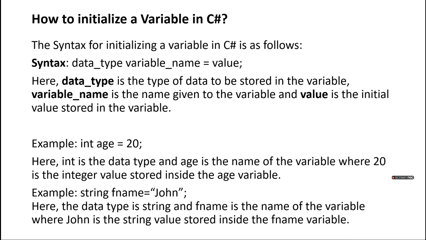Here int is the data type and age is the name of the variable, where 20 is the integer value stored inside the age variable. Example 2, string fname = "John". Here the data type is string and fname is the name of the variable, where John is the string value stored inside the fname variable.